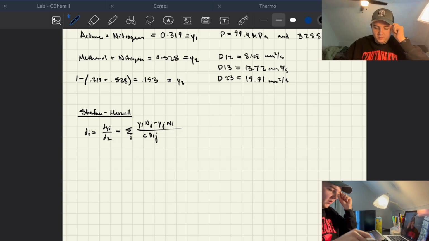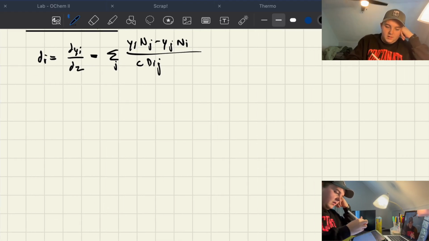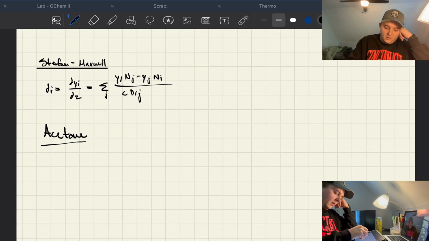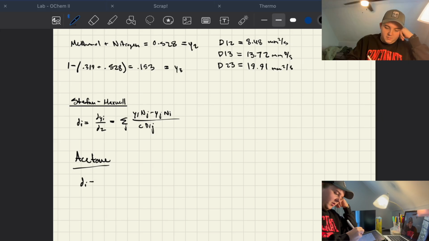So what we're going to do first is our acetone and methanol Stefan-Maxwell. So let's start with acetone. We're basically just going to copy exactly what's up here, but for acetone it shouldn't be too bad.